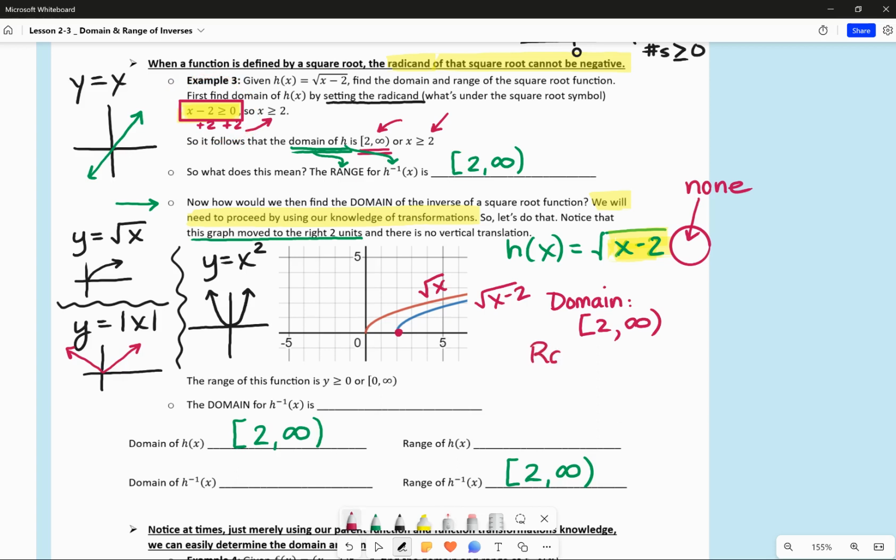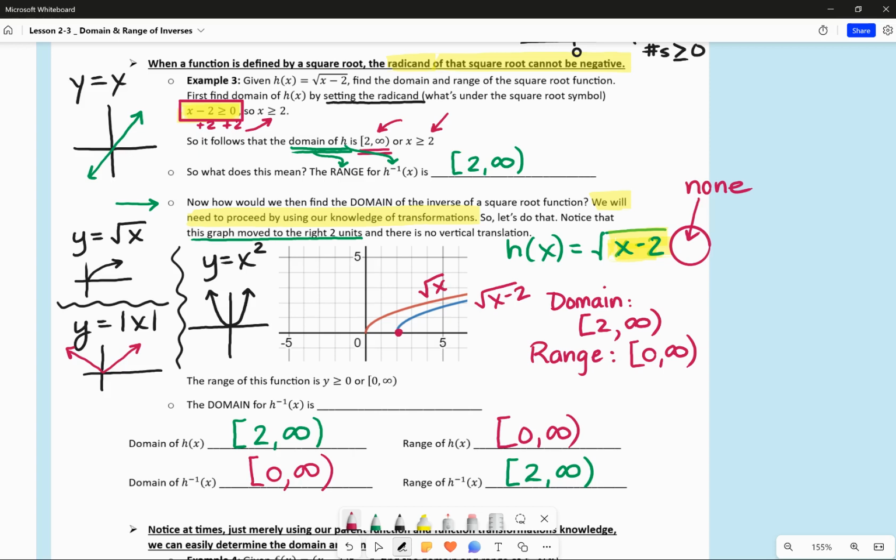Well, the range is the low to the high y value. Well, it starts at 0 and it goes to positive infinity. Okay. So if I was looking for the range here, it was 0 to positive infinity. Therefore, the domain of the inverse has to go from 0 to positive infinity.